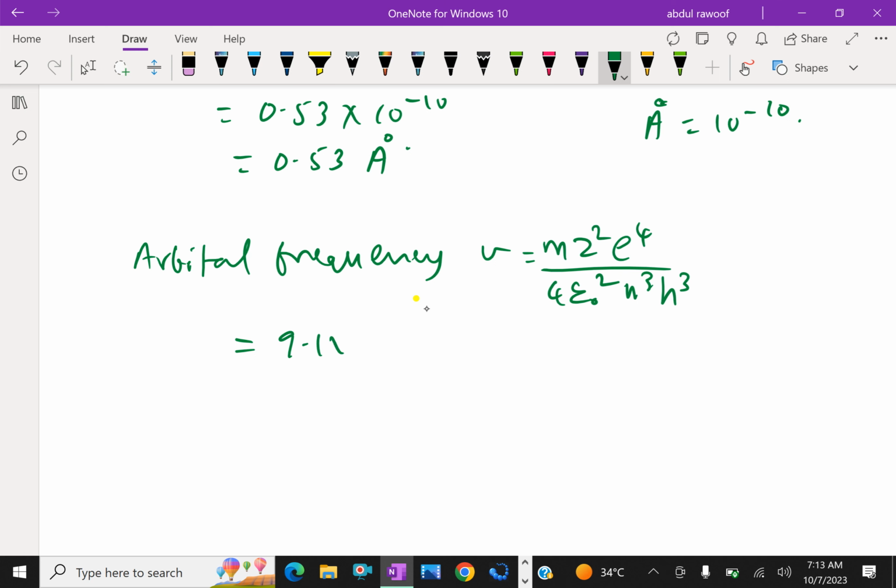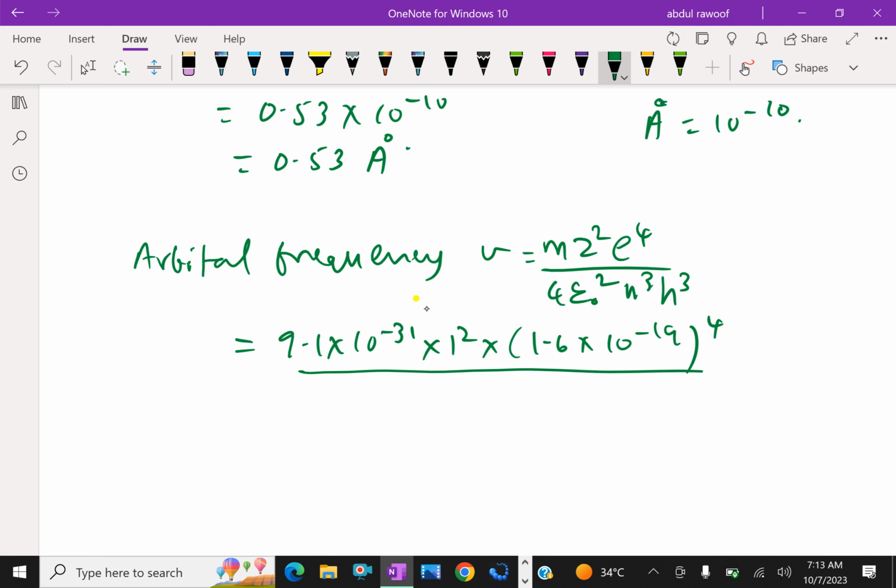9.1 into 10 power minus 31 kg, and z is 1, that is 1 square. e is 1.6, charge of electron is 10 power minus 19 whole power 4 over 4.